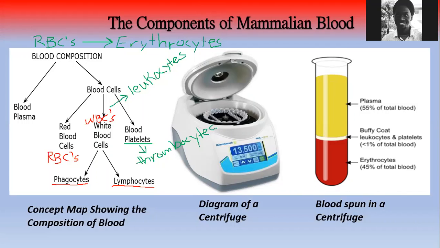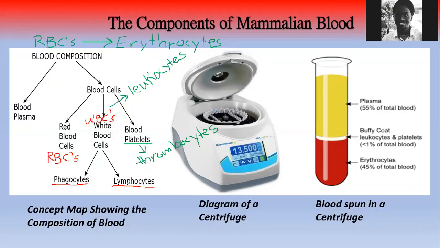Okay, so these are the names for the different blood cells. So you have erythrocytes, leukocytes, and thrombocytes. And then white blood cells or leukocytes are made up of phagocytes and lymphocytes.